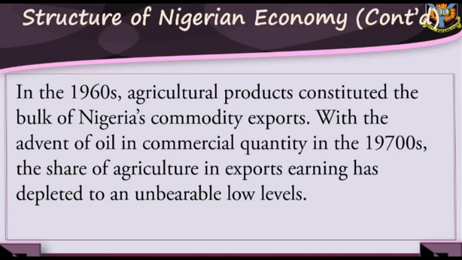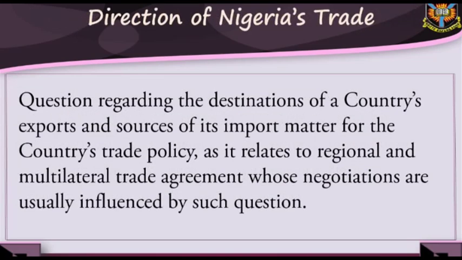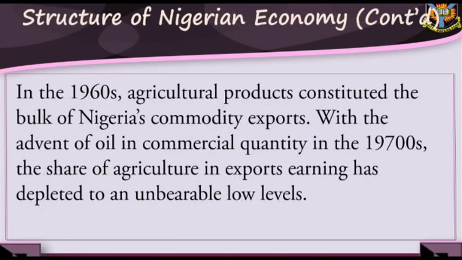From 81.94% in 1960, the share of agricultural products in export earnings decreased steadily to 29% and 4.6% in 1970 and 1975 respectively. In 1980, it further declined to 2.4%, and by 1995, it fell to less than 2%. Up till date, the percentage has remained less than 2%.